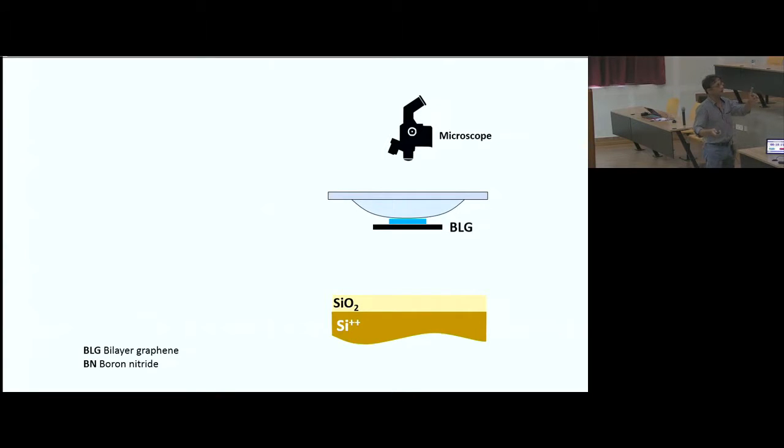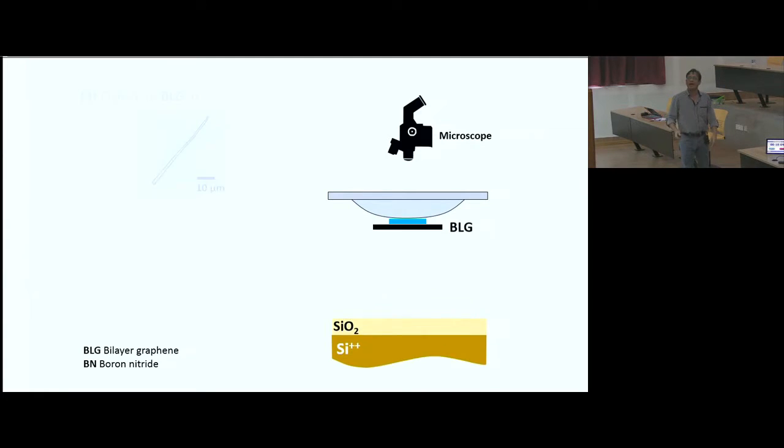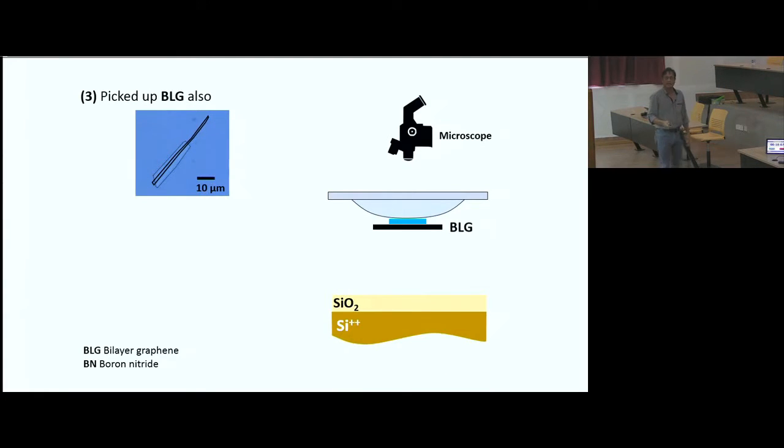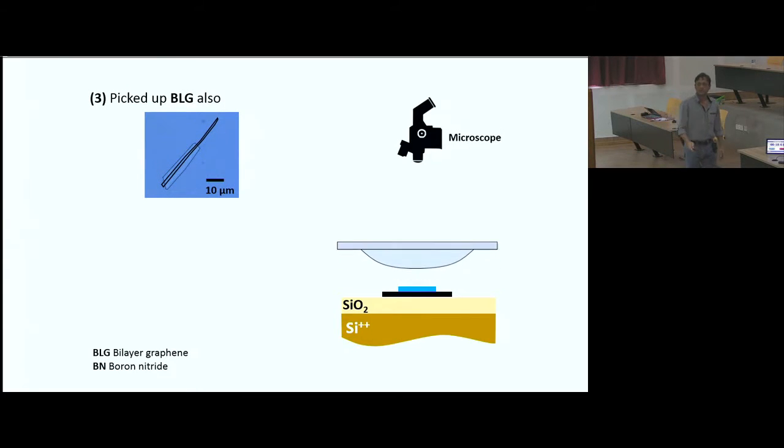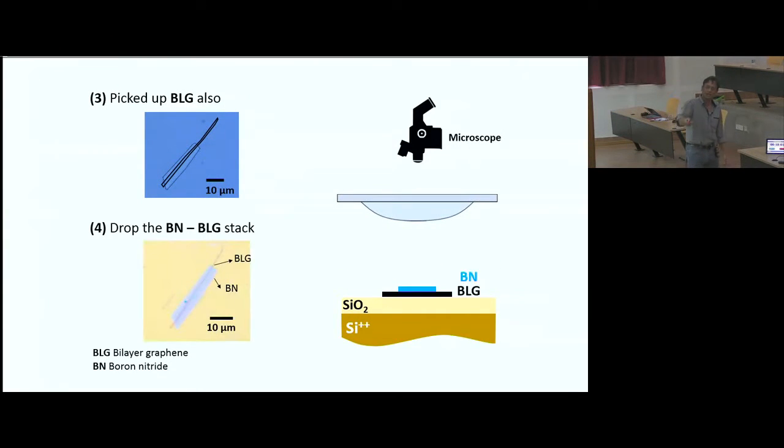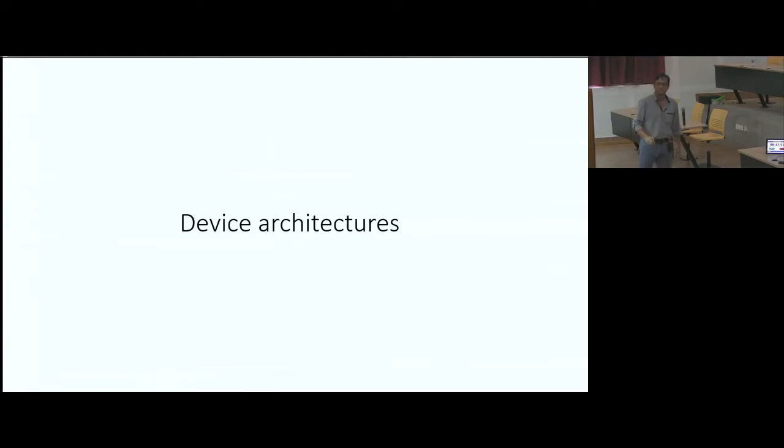So the bilayer graphene does not see any kind of chemical impurities anywhere, and then the whole thing gets deposited on top of a silicon oxide substrate. When this entire thing is done, this is how it looks. This is a bilayer graphene covered entirely by boron nitride, so the edges are technically pristine.